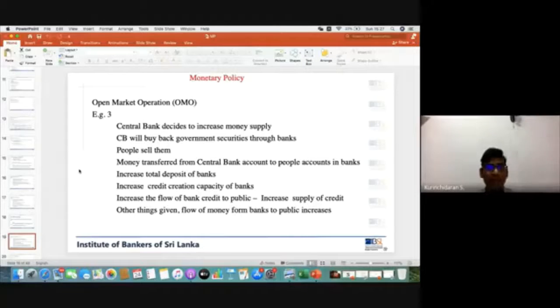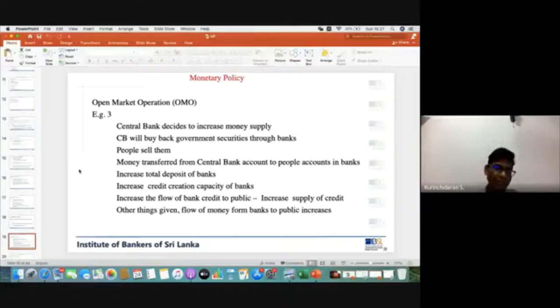They can buy back government securities through banks. So people sell them, the central bank gets the securities and pumps the money into the market, so it goes to the people's hands. Money is transferred from the central bank account to people's accounts in the banks. So that increases total deposits of the banks.